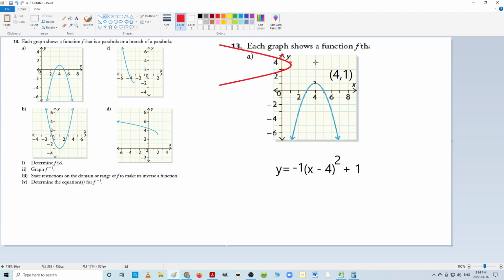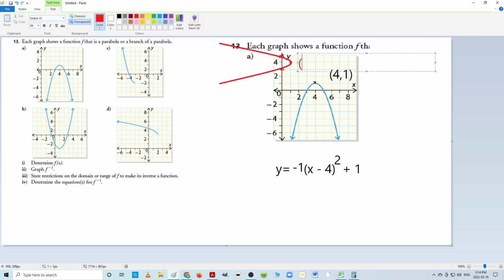And it's going to have reverse domain. So it's going to be (1, 4), and x is smaller or equal to 1. Whereas this one has a range restriction of y is smaller or equal to 1.